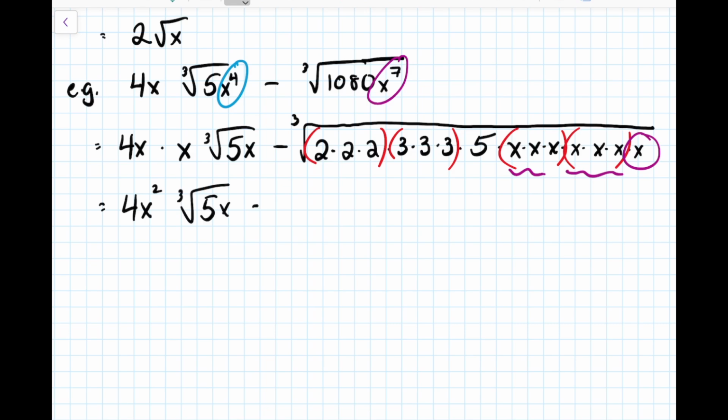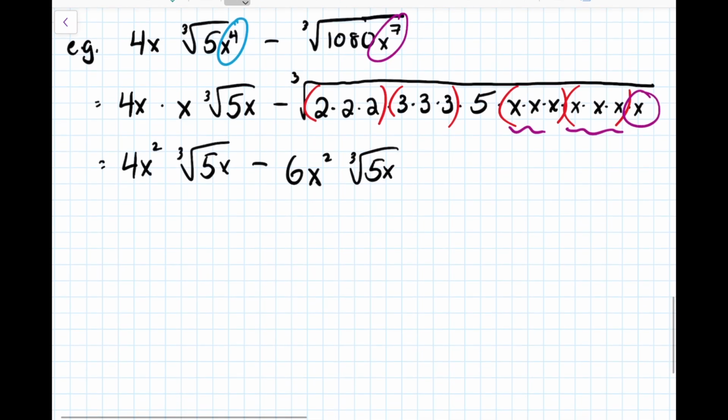And then on the other one, we're going to be able to pull out a 2 and a 3, which is going to get me 6. We're going to be able to pull out 2 x's, which is going to get me x squared. And then inside we still have cube root 5x. And so looking at this here, we've got 4x squared minus 6x squared, which is going to get me negative 2x squared with the cube root 5x.